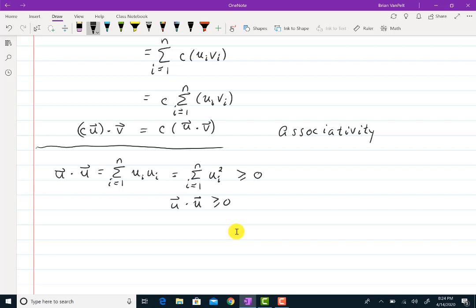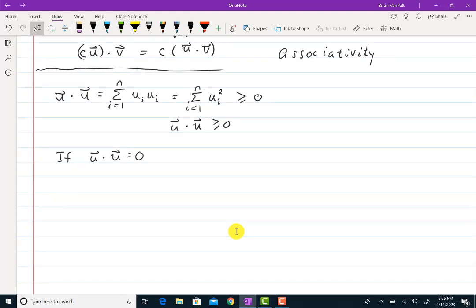Now, if u dot u were equal to 0, remember this is a number now. When you take the dot product, you are adding up numbers. If it should happen that u dot u is the 0 number, then the sum, i equals 1 to n of ui squared, equals 0.